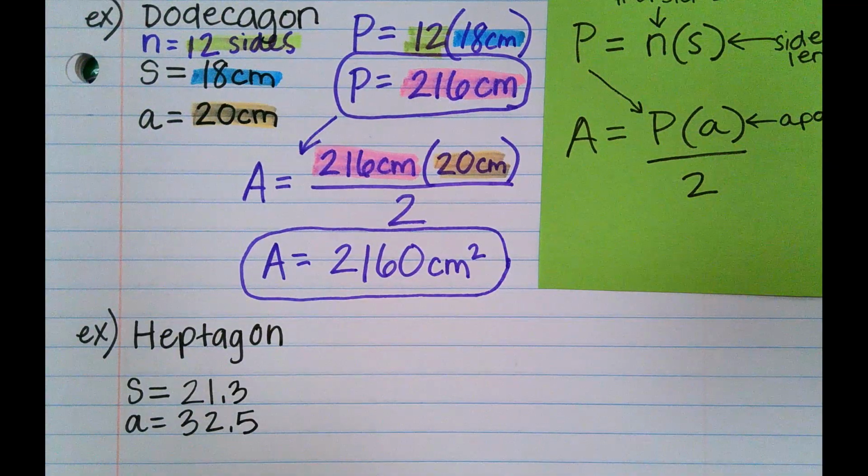Find the perimeter and the area. Pause this recording for a moment, see how we do.